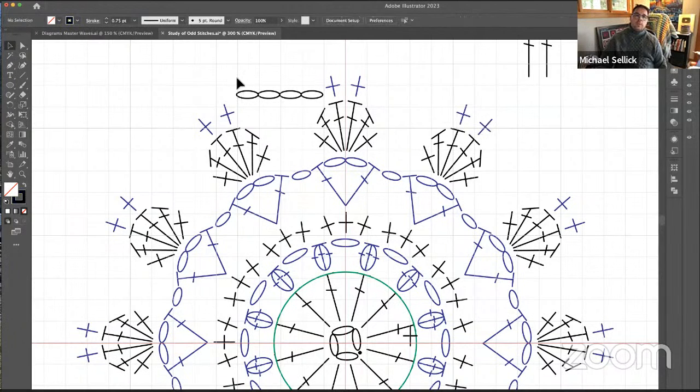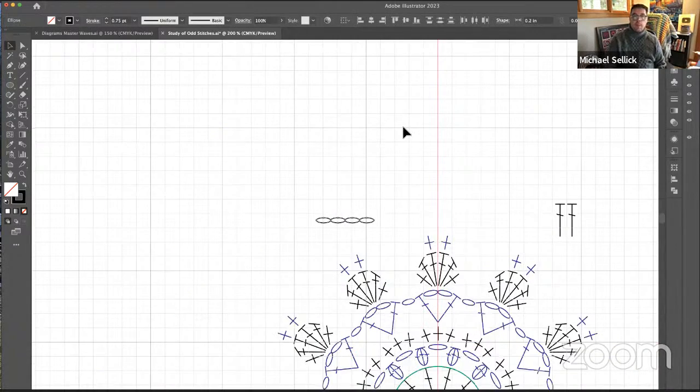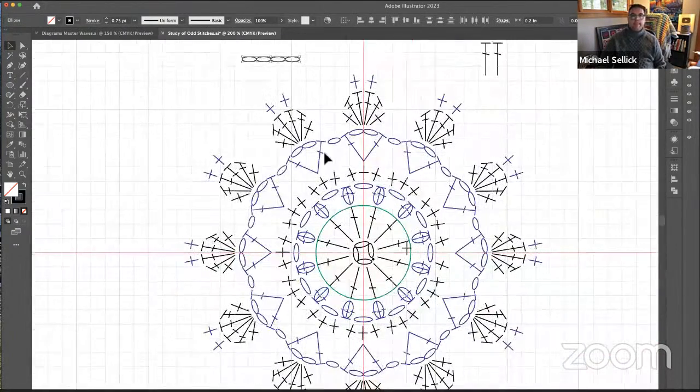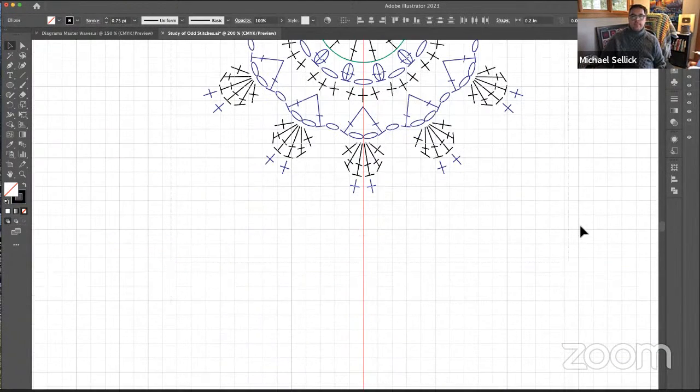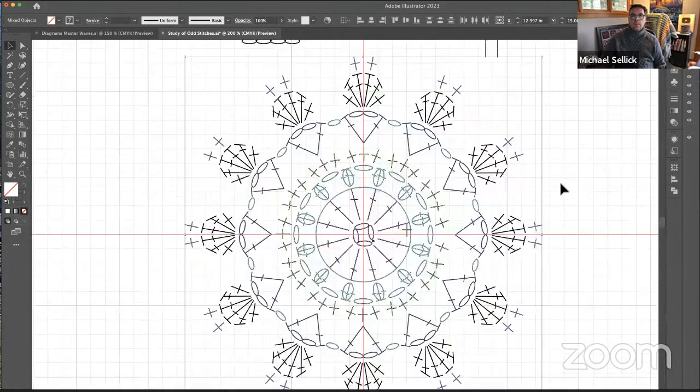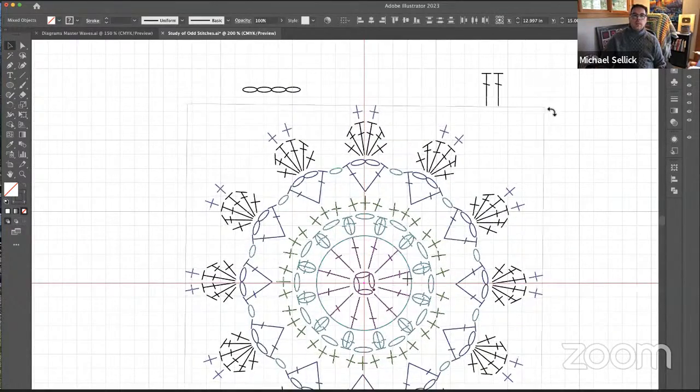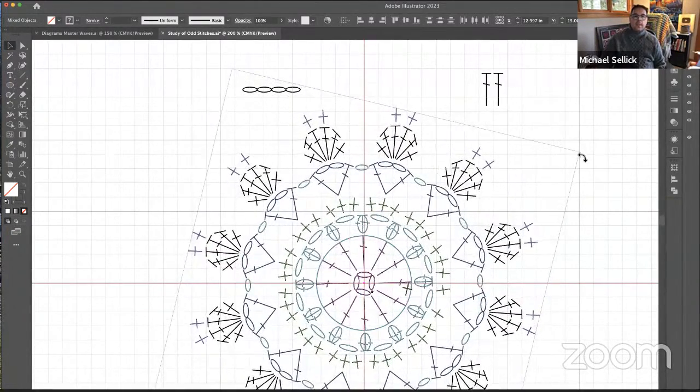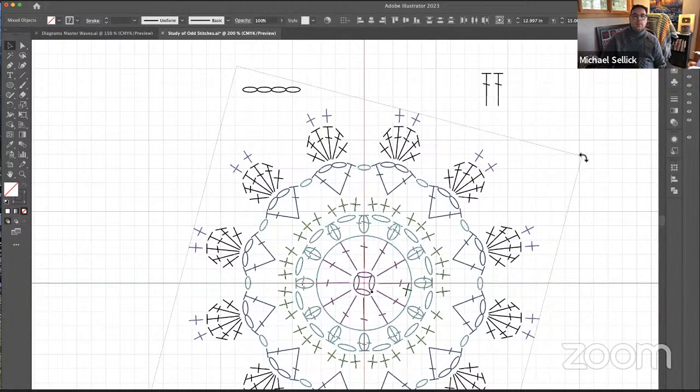So what I'm going to do is move the chain 4 out of the way, and I'm going to rotate the whole shape again. I'm rotating it so that I can get the center point of that.